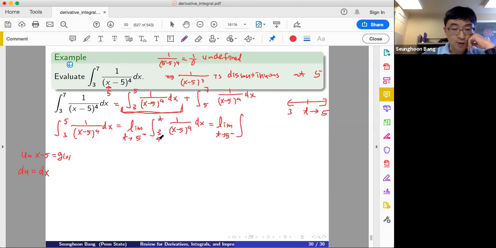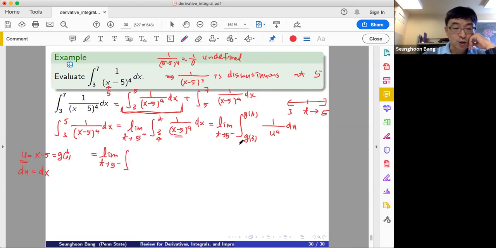You can plug 3 into here, g of 3, and plug t into x again, g of t. 1 over x minus 5 is u, u to the power 4. This is the same limit as t approaches 5 from the left.